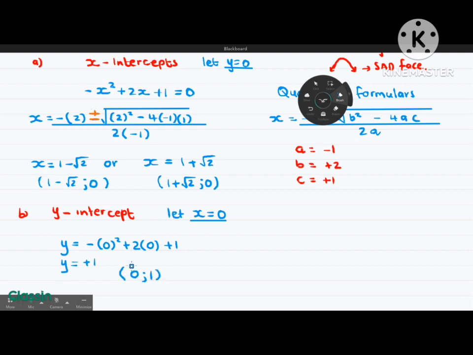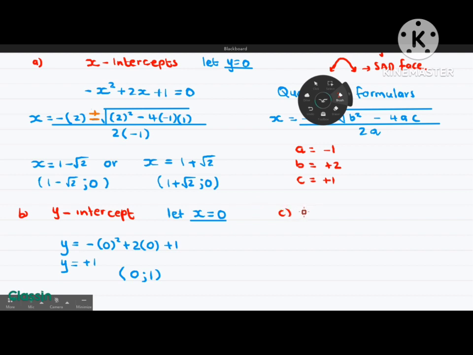So now we know the x-intercepts and we know the y-intercept. Now let's find the coordinates of the turning point. So number C, I'll bring it here so that when I do the sketch, I've got everything worked out.